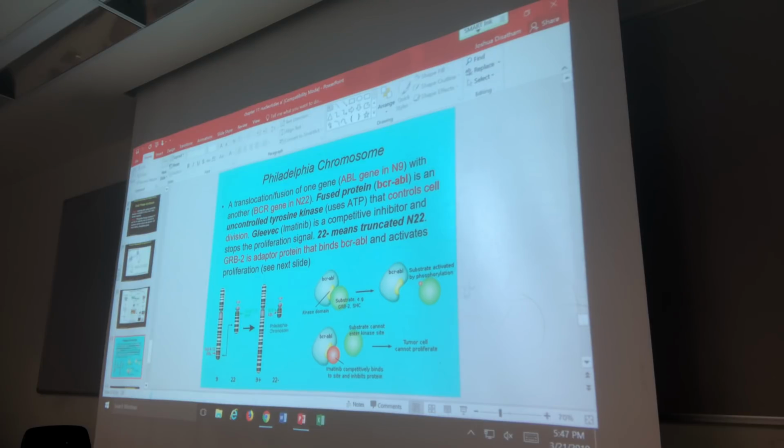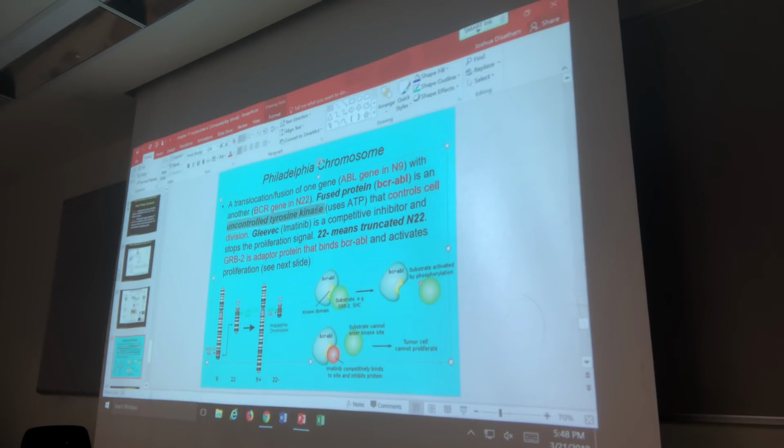Okay? So if you read the details here, you'll see that you have the ABL gene in one chromosome and a BCR gene in another chromosome, and the Philadelphia chromosome is an accidental combination of these two completely separate genes. When they combine together, they end up forming a gene that, when it is transcribed and translated, creates this thing.